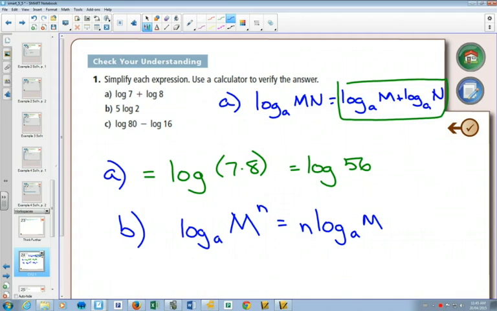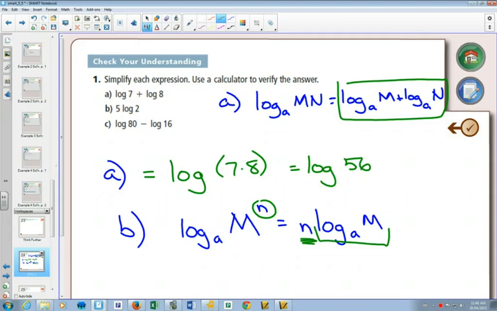So what you have to recognize is here, I have a number in front of a log. And that's what this side is saying. Whenever you have a number in front of a logarithm, that number can move in as an exponent.